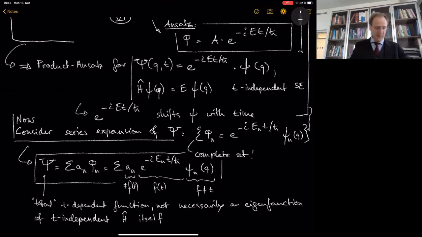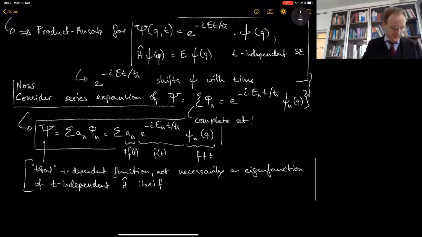But any kind of state function can be developed in this complete set, can be expanded in this complete set of eigenfunctions. So if we say that this is not an eigenfunction of the Hamiltonian, it basically means that we do not worry about the energy of the state. We just assume that as you switch on the time dependency, whatever happens with the energy, we don't care. For now, we just want to look at how the state evolves as a function of time.